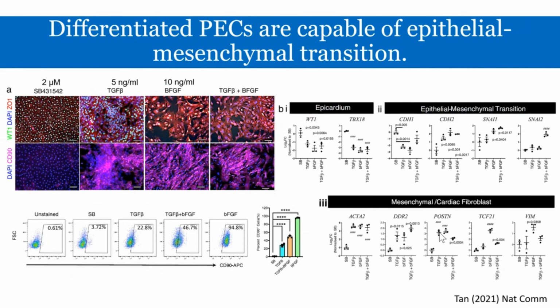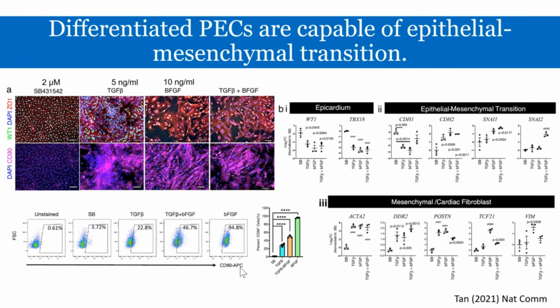Upon stimulation with related factors such as TGF-beta, bFGF, or a combination of both, we are able to induce epithelial-mesenchymal transition. That is upregulation of smooth muscle markers such as smooth muscle actin and DDR2, and also TGF21 and vimentin, which indicate fibroblast markers. We also see a significant upregulation of CD90 expression upon all these stimulations, and the most upregulation of this mesenchymal marker happens upon stimulation with bFGF.